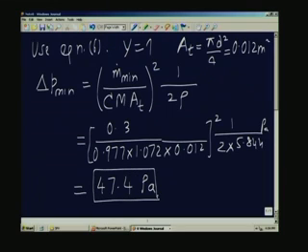So the pressure drop which is measured comes to 47.4 pascals at the minimum of the flow rate.